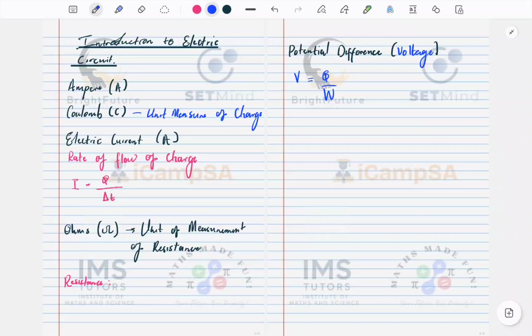Right, so let's move and see. We're going to have something called a voltmeter. This is used to measure voltage or potential difference.